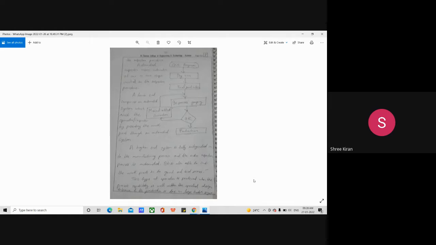This type of operation is preferred when the process capability is well within the specified design tolerance and the production is done in large batch sizes. As I said in the starting, it is mainly used to improve productivity and for a higher rate of production.